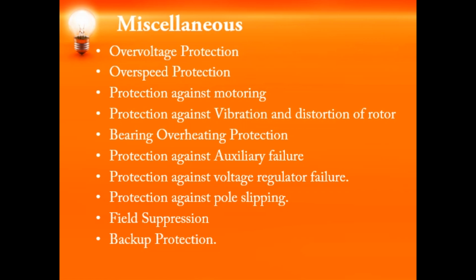So next is field suppression. Whenever a fault occurs in the generator winding, what will happen? The circuit breaker will operate and the generator is isolated from the system. In case the generator still continues to feed the fault, as long as the excitation is there, damage will occur.